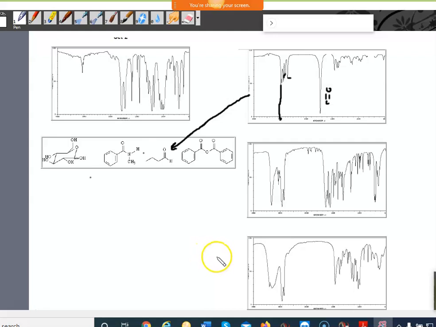Next one, it looks like we have aliphatic and aromatic, and it definitely looks like I have a nitrogen. And let's see, do I have a carbonyl? Yeah, it looks like I possibly have a carbonyl. Let's see, 18, 17. It's pretty close. That peak right there looks pretty close to being a carbonyl.